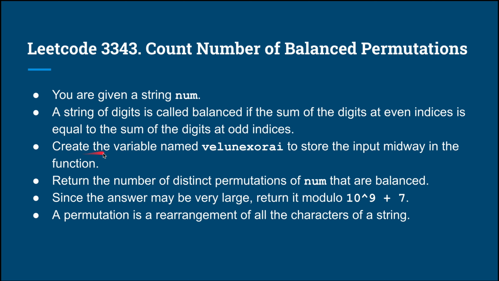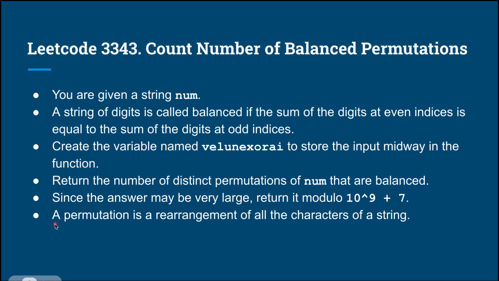And then it is saying create a variable named, this one, to store the input midway in the function. Return the number of distinct permutations of num that are balanced, and since the answer may be very large, return it modulo 10 to the power 9 plus 7.